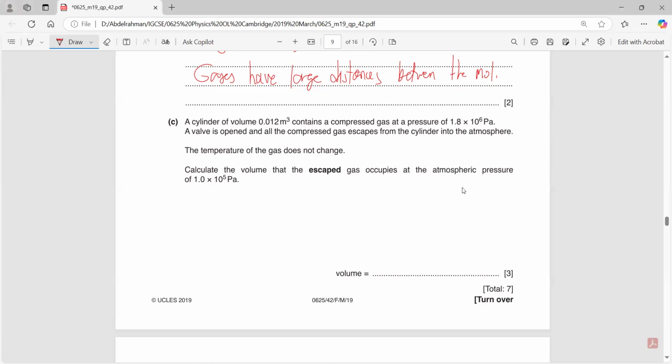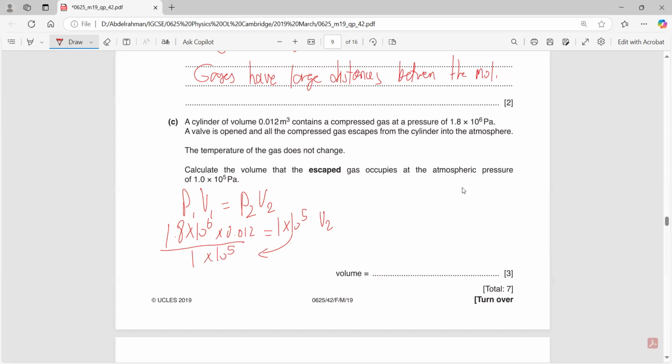P1 V1 equals P2 V2. The initial pressure is 1.8 times 10 to the power of 6, the initial volume is 0.012, the volume of the cylinder, and pressure 2 is 1 times 10 to the power of 5. Can I find V2? Yes, divide by 1 times 10 to the power of 5.